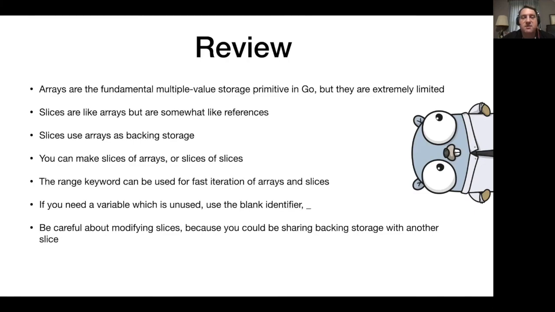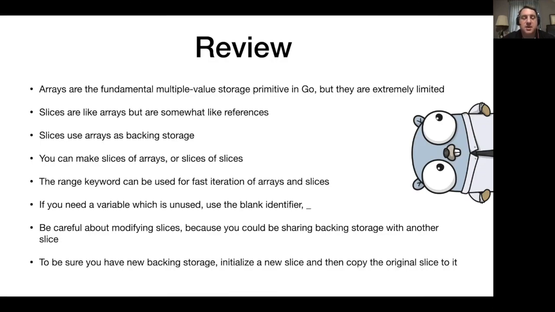But you have to be careful about modifying slices because you could be sharing backing storage with other slices. So in order to be sure that you have new backing storage, so if you want to have a new copy, you need to initialize a new slice and then copy the original slice to it. So anyway, that's an overview of arrays and slices in Go.